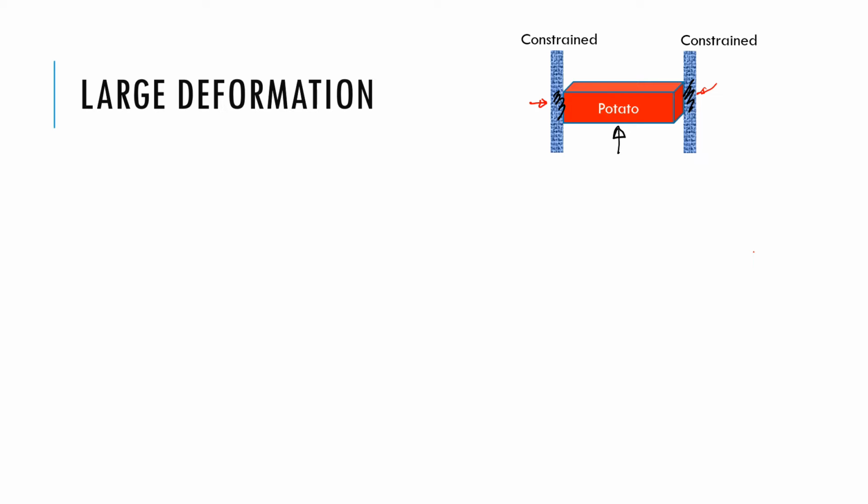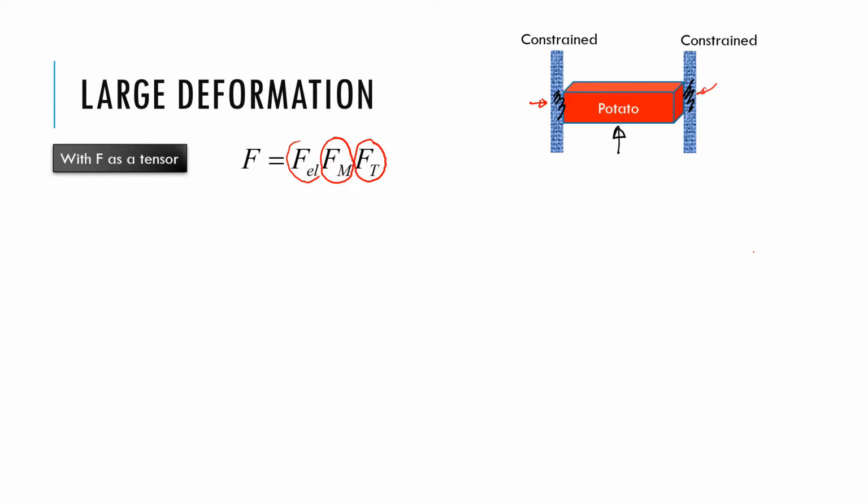So if we include these effects, temperature and moisture, simultaneously, what does it look like? That's what we just studied. So they are included this way. The thermal effect on the deformation gradient and the moisture effect, they are multiplied with the elastic effect, of course, and this is written in a tensorial form.